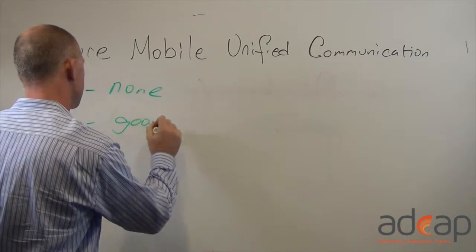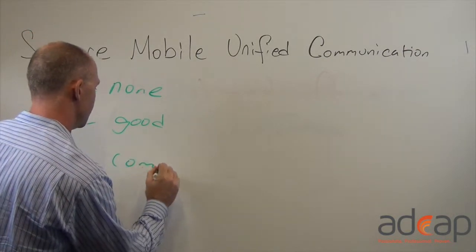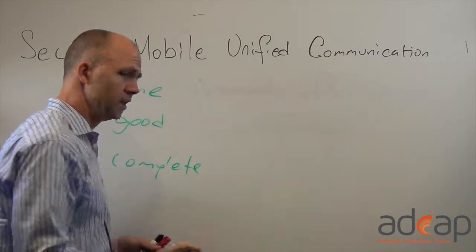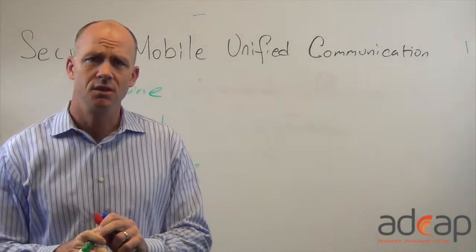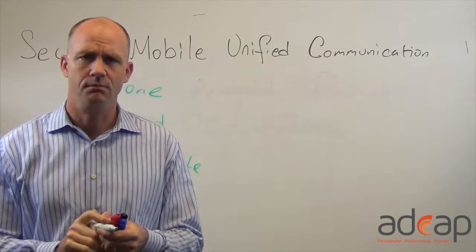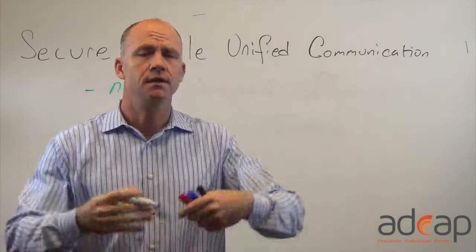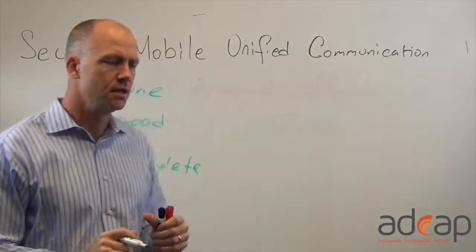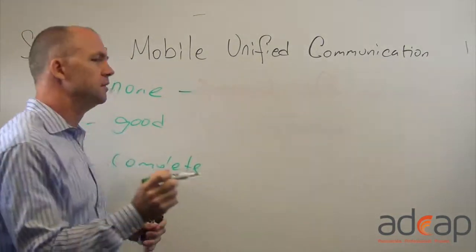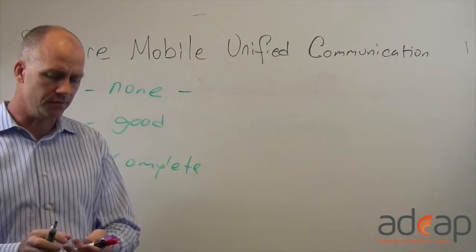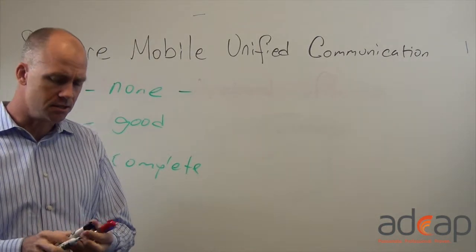We'll talk about good security, and then we can talk about complete. Within the Cisco voice and unified communication systems, we can do most of these levels of security. There's a lot of different unified communications systems out there. Cisco doesn't really allow you to do the no level of unified communications security.